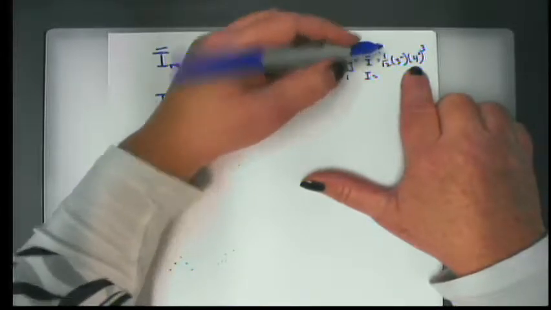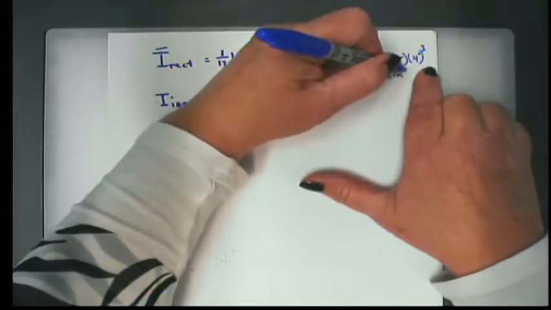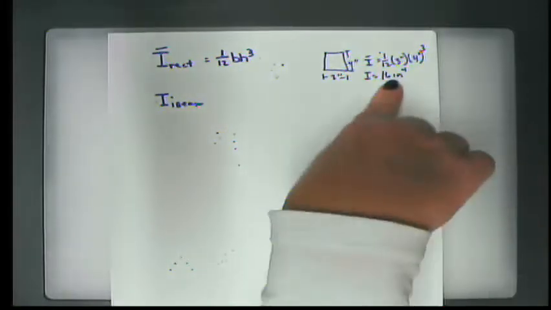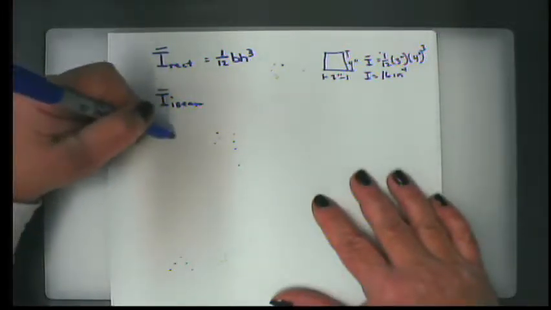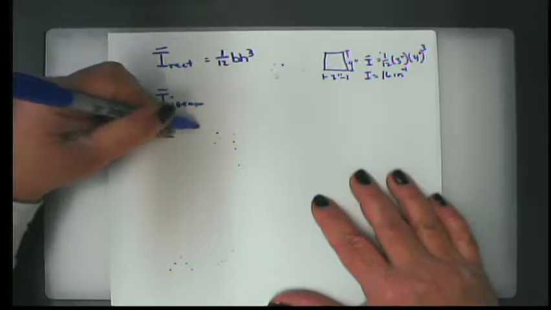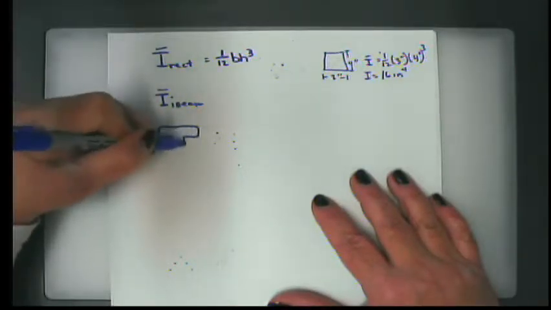So in this case, that would be 4 squared, or 16 inches to the fourth. Right? So you always use this formula if your cross-section is a rectangle. If your cross-section is an I-beam, you will always use a formula that I'm going to derive for you here.